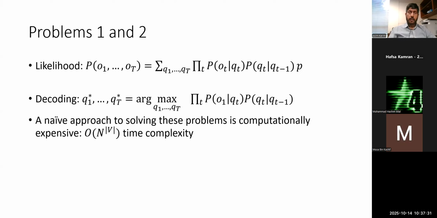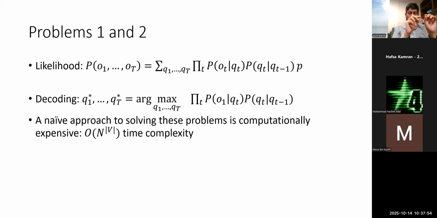So if you try to solve these problems again by using a naive approach, meaning that you do all the summations or you find the maximum from all the possible combinations, it will still be computationally expensive. But fortunately, both of these problems have a well-defined structure, and that structure comes from the time index t.